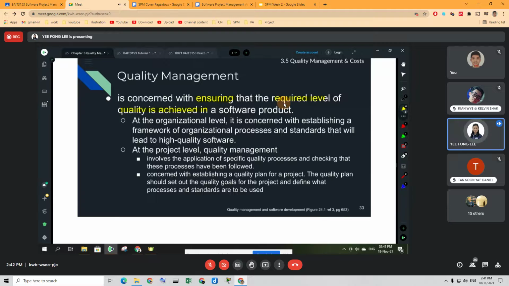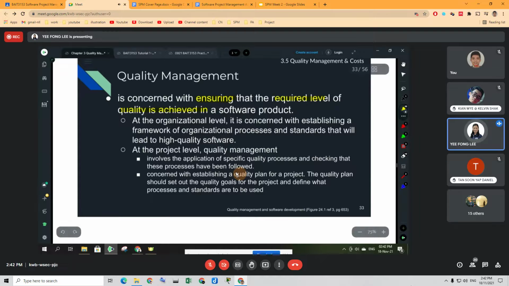So until the desired quality is achieved. This quality management is also important, helping to control the overall costs of the project. When we do that, it will lower the risk of project failure.